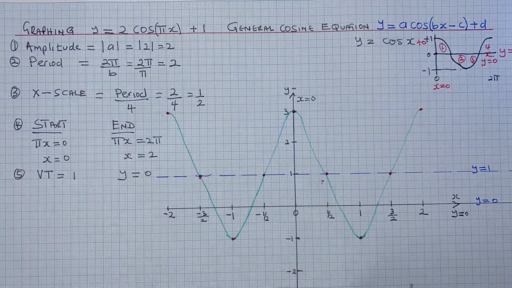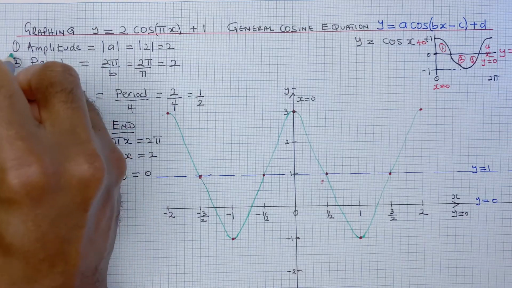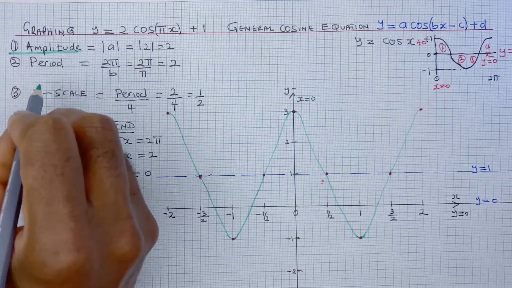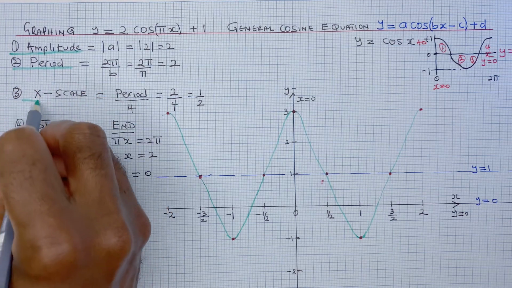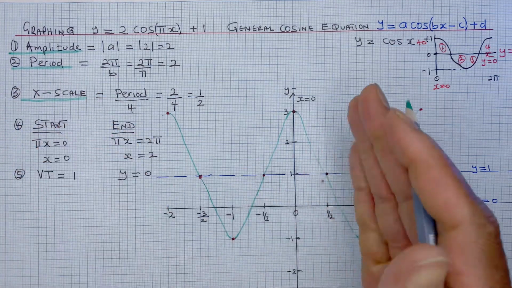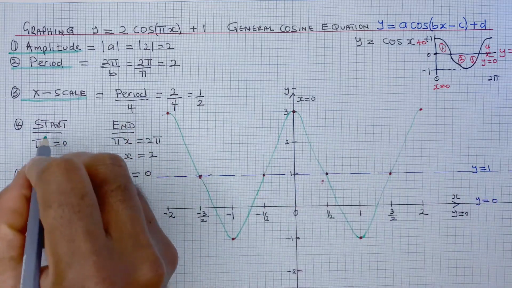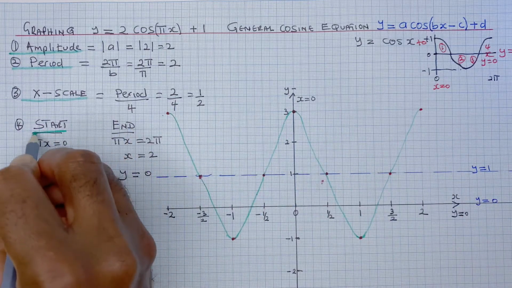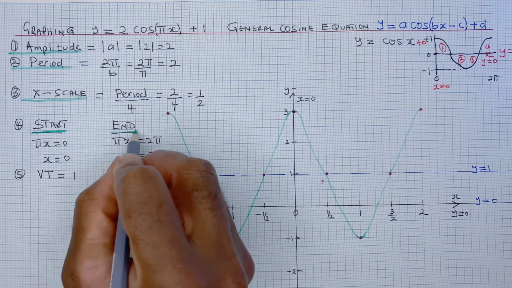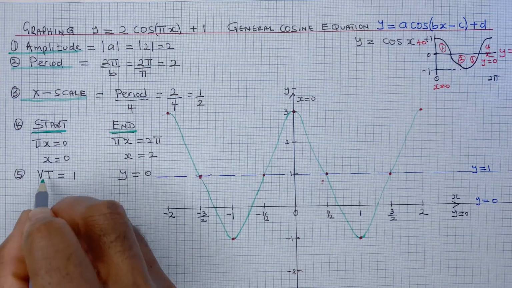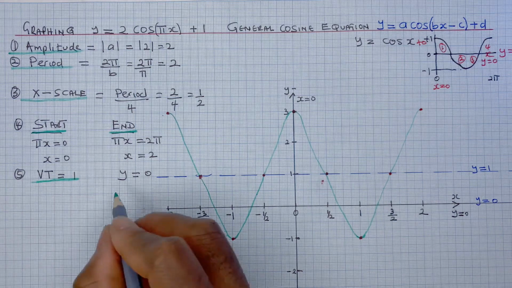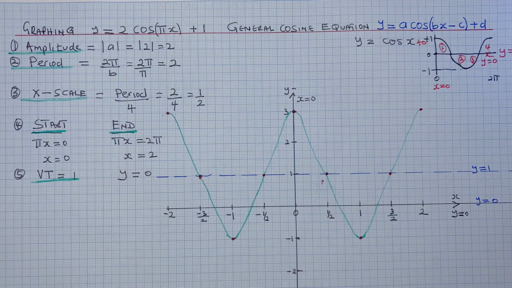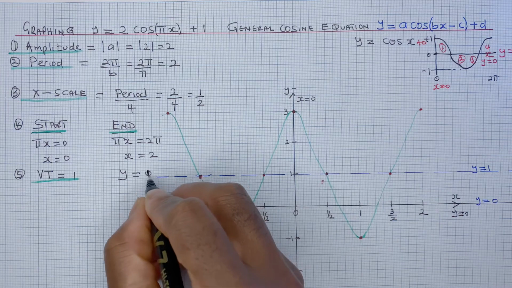So always find the amplitude and the period, the x scale, that tells you how to divide the 4 quadrants, the start of the function and the end of the function. Check if there is any vertical translation, which in this case there is. Y equals 1, not 0.